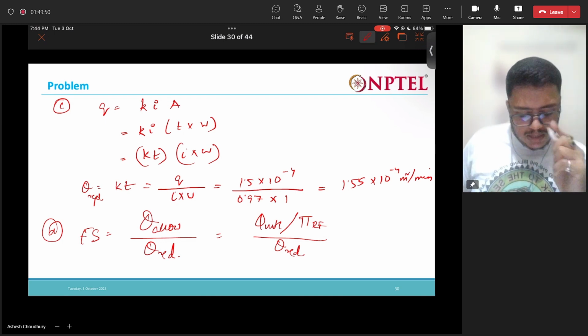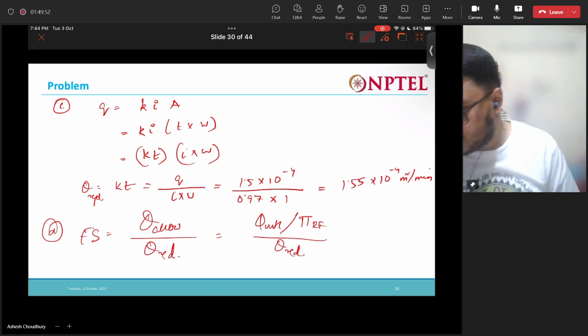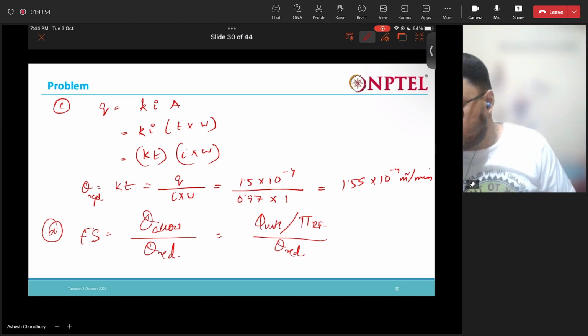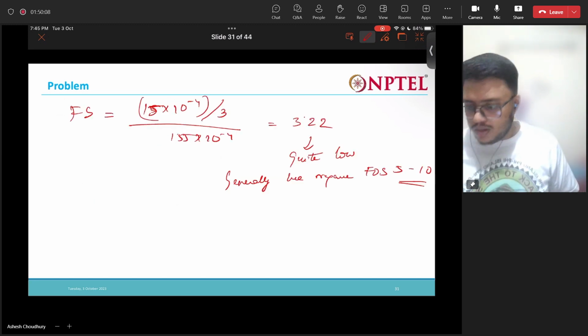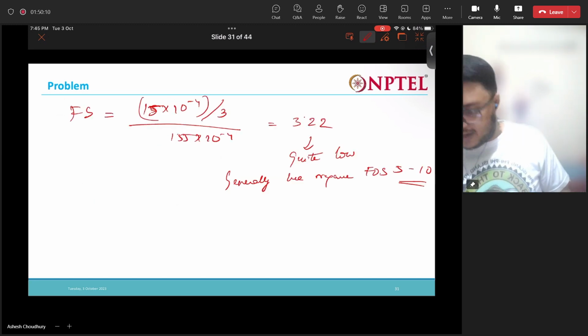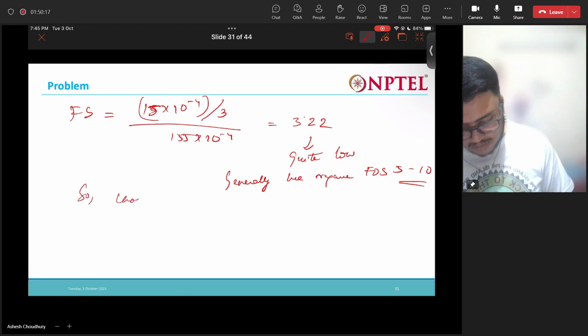Then this allowable Q will actually increase. This is one factor you need to choose accordingly.